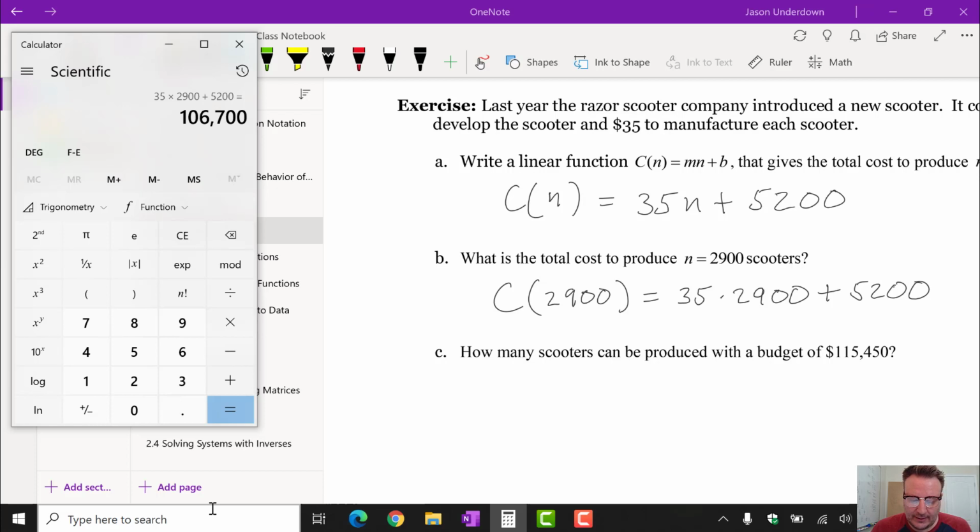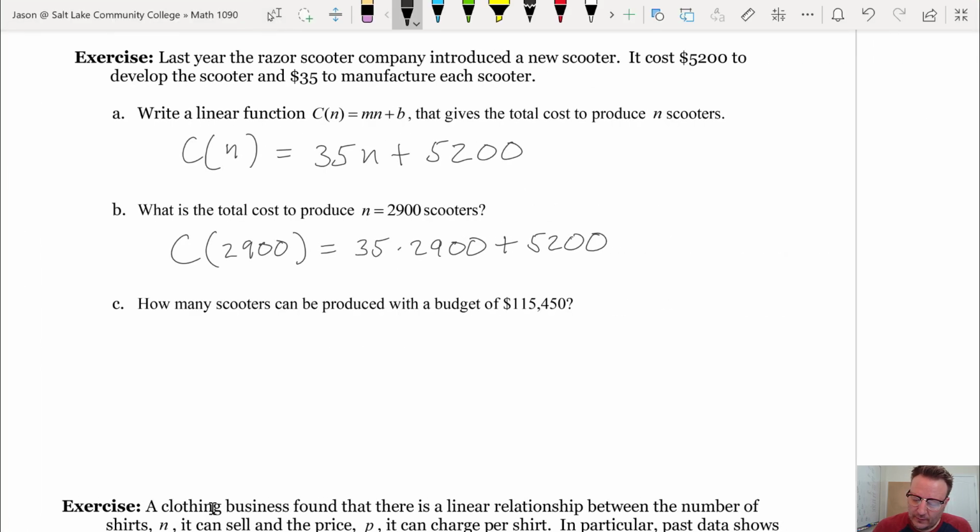I get $106,700. Does that seem reasonable? Yeah, that seems reasonable.